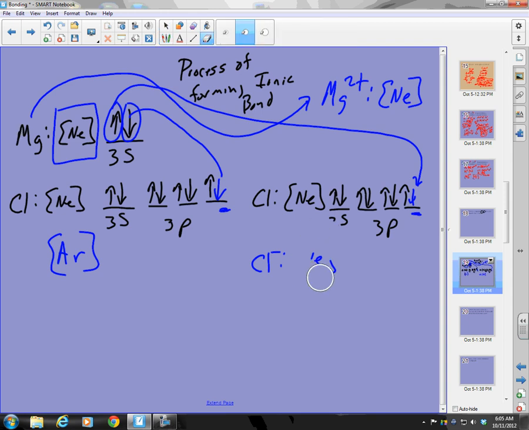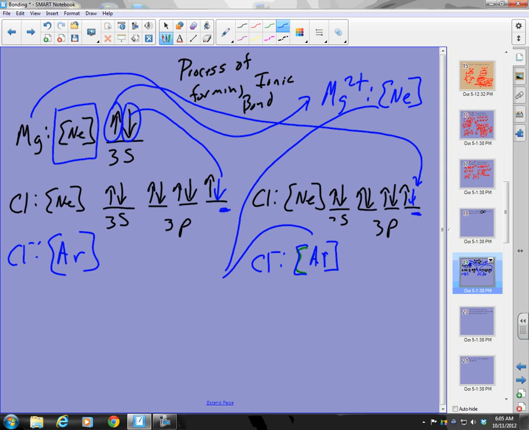Because it's neon plus 8 electrons, which makes it an argon core. And here's my chloride with an argon core. And what have we noticed? Both of these atoms, my magnesium and my chlorines, all end up with noble gas electron configurations. Good.